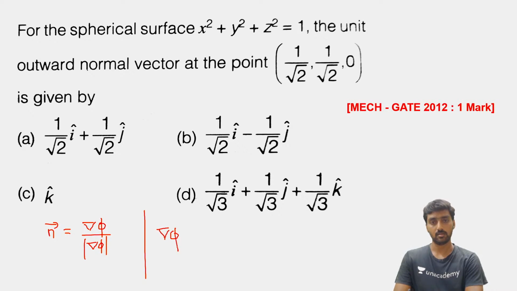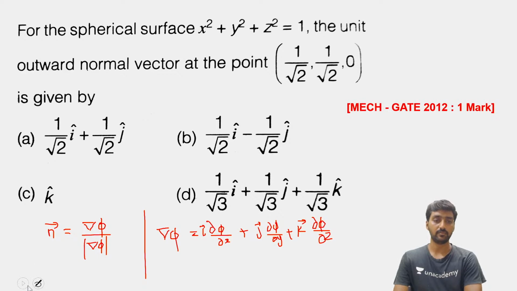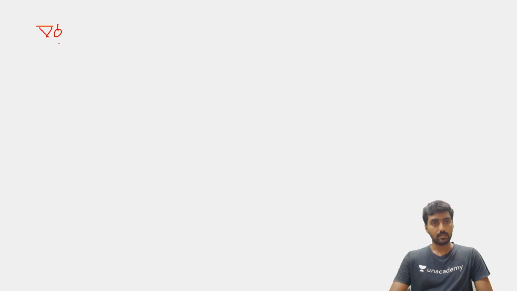Del phi is equal to i vector times dou phi by dou x, plus j vector times dou phi by dou y, plus k vector times dou phi by dou z. Now, simple thing: del of phi, where phi is x square, is 2x i vector plus 2y j vector plus 2z k vector.